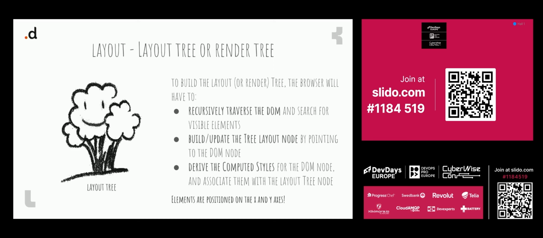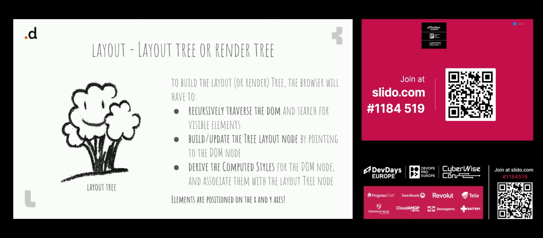Okay, to build the layout or render tree, the main thread will have to recursively traverse the DOM and search for the visible elements, only visible elements. Non-visible elements are not useful for this step because we don't need dimensions and position for a non-visible element.